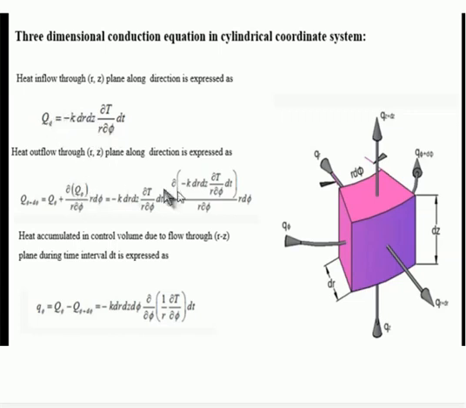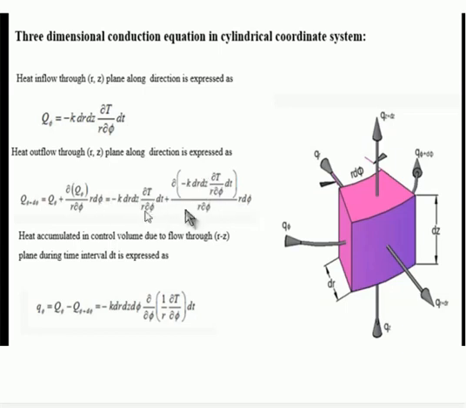Instead of this, we substitute the equation for Q phi inside the derivative, dou by r dou phi of minus k dr dz dou t by r dou phi dt, and the remaining terms are as they are.